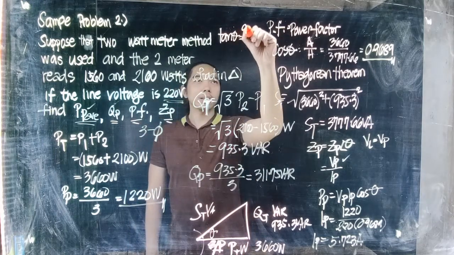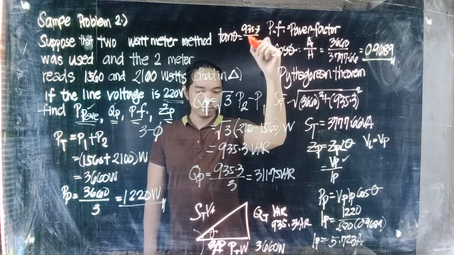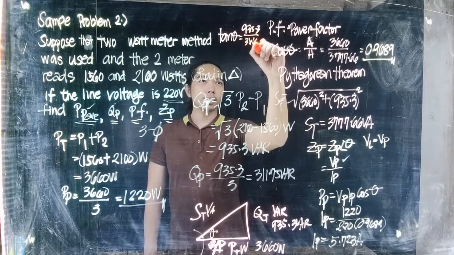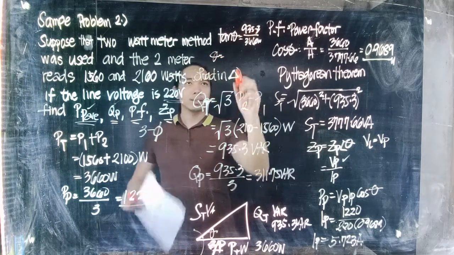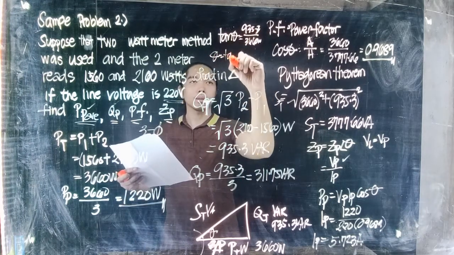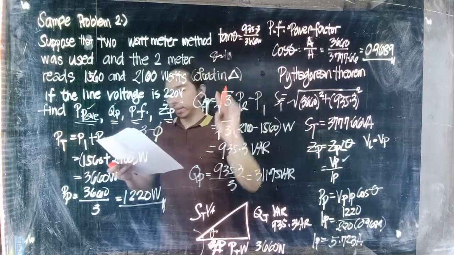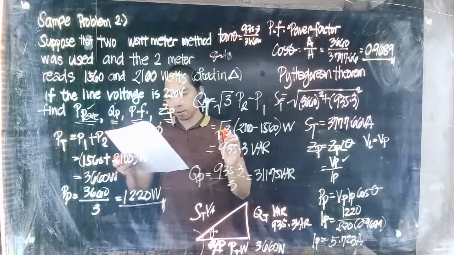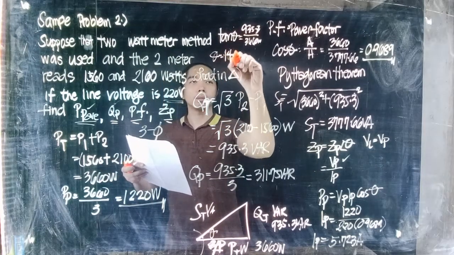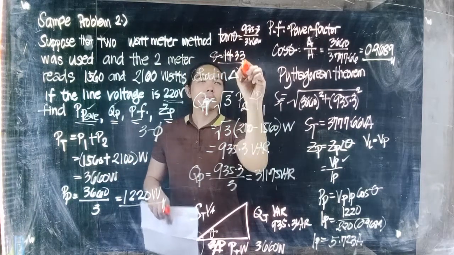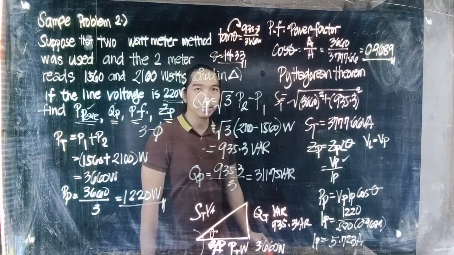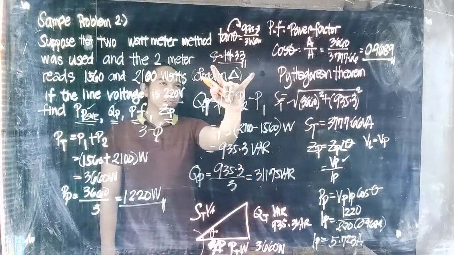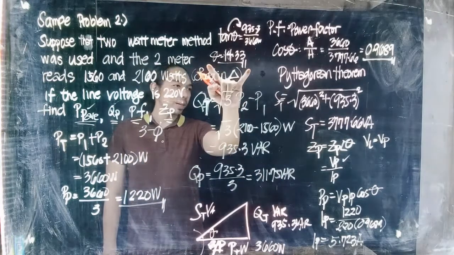So that is 935.3 over 3660 watts, diba? And theta would be our tangent of this, okay? Which will lead us to have a value of 14.33. So, ayan. So, paano kukuhin to? So, inverse lang natin yung tangent dyan. So, ngayon makukuha natin yung meron tayong theta dito.